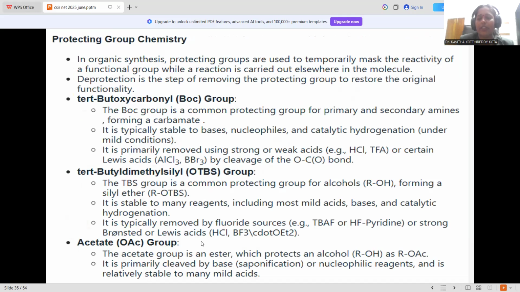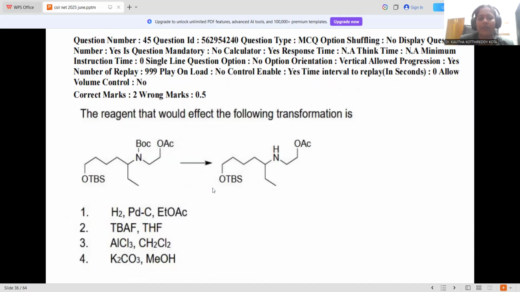First of all, we need to understand the concept behind protecting groups. In organic synthesis protecting groups are very essential because, for example, if the compound is taken as such and a reagent is added, what happens? The different functional groups, if existing, all have equal proximity to react with that reagent and we will get multiple products instead of the expected one.